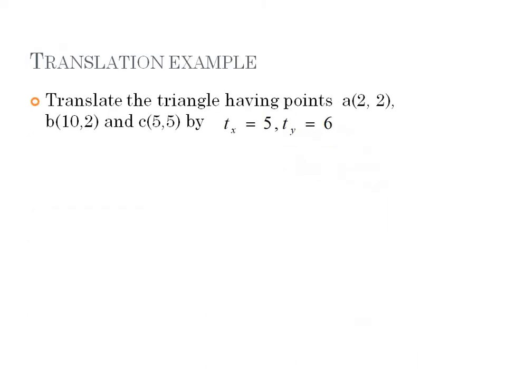Knowing all those things, let us try to find an example. Translate the triangle having points A (2, 2), B (10, 2), and C (5, 5) by Tx equals 5 and Ty equals 6.